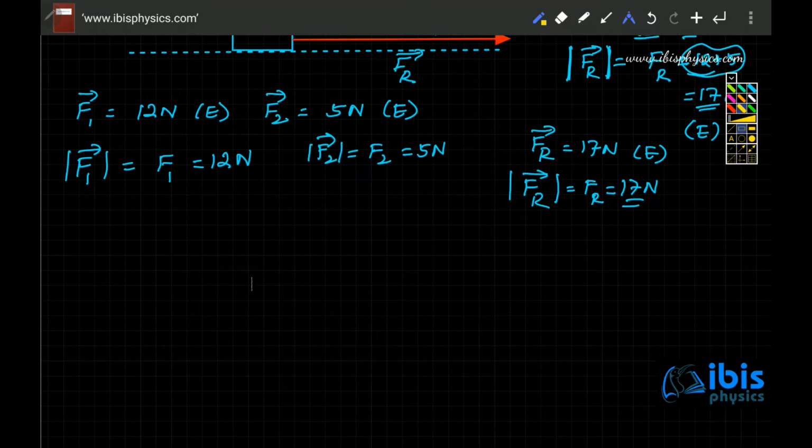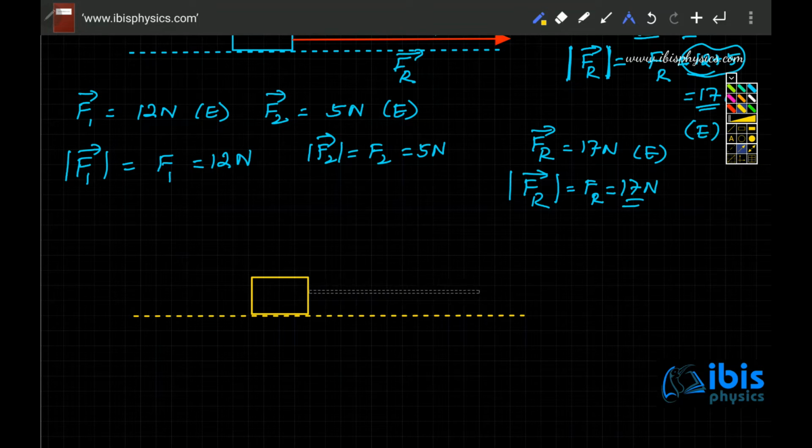Suppose there is a block, and this time you and your friend are not thinking alike. Suppose you want to pull this block towards east by applying 12 Newton. But your friend, who is not supporting you, is trying to pull the block towards west.